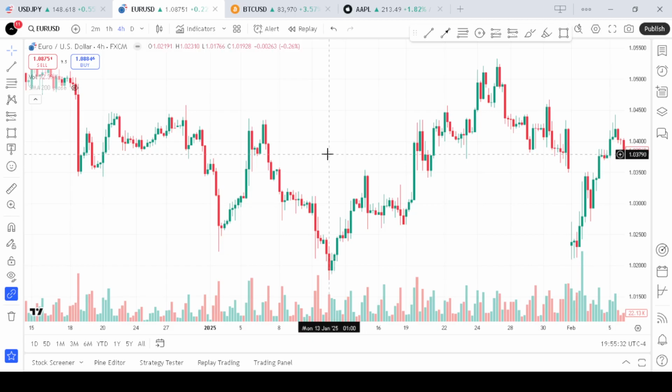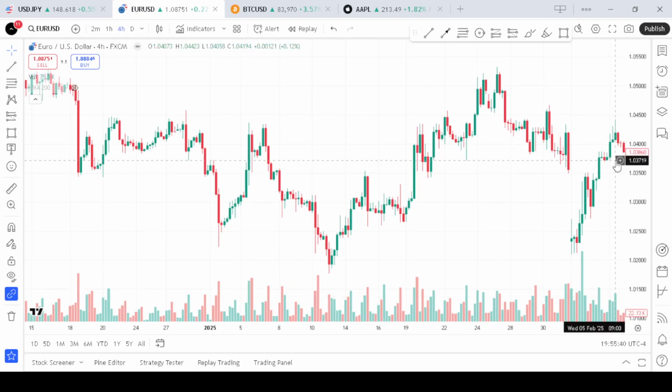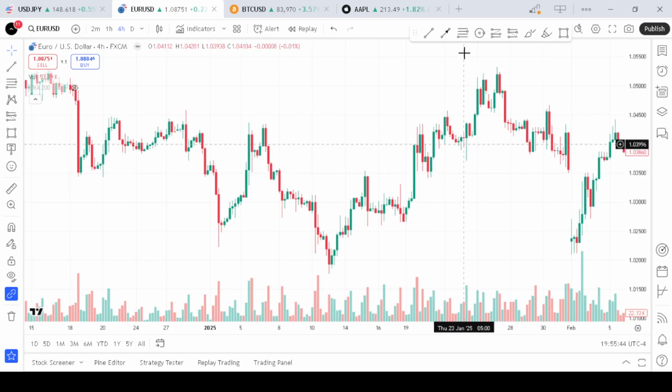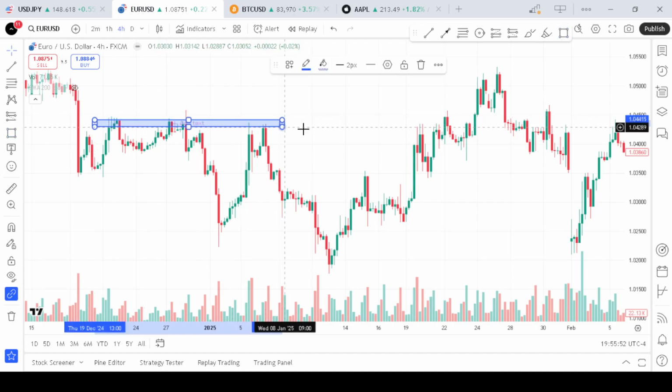They are not just random areas where you can mark out price. We look for areas where the market has repeatedly reversed in a particular direction.